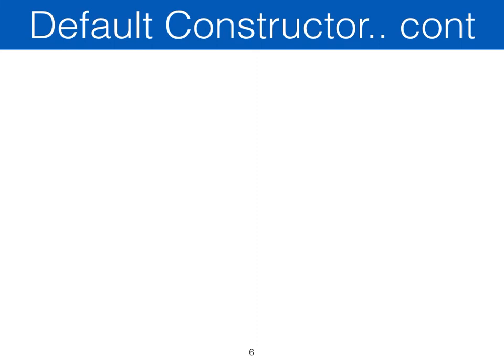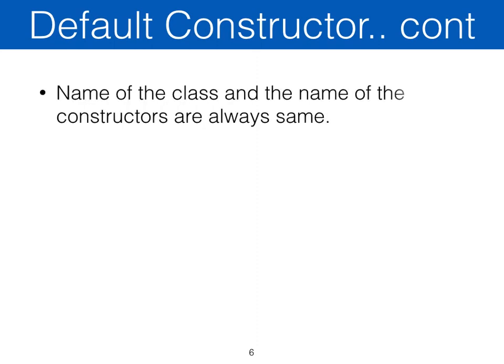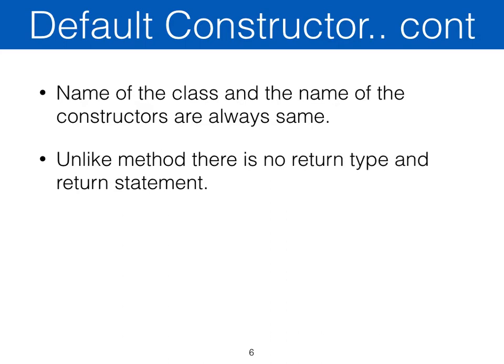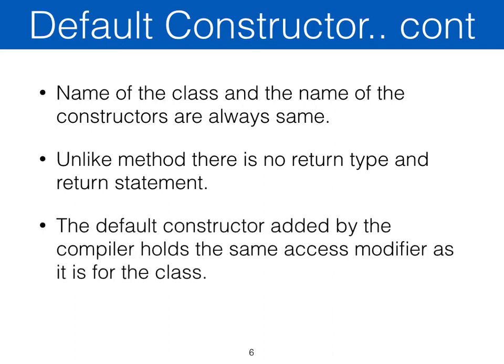So a few points about default constructor. Name of the class and the name of the constructor are always the same. Unlike method, there is no return type and return statement. The default constructor added by the compiler holds the same access modifier as it is for the class.